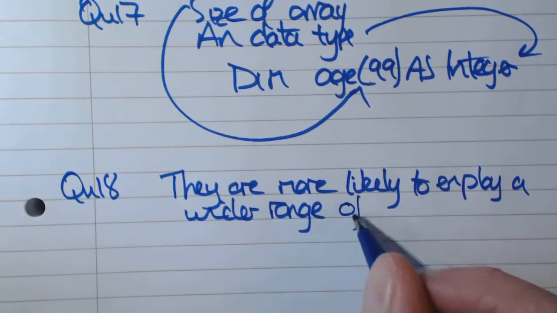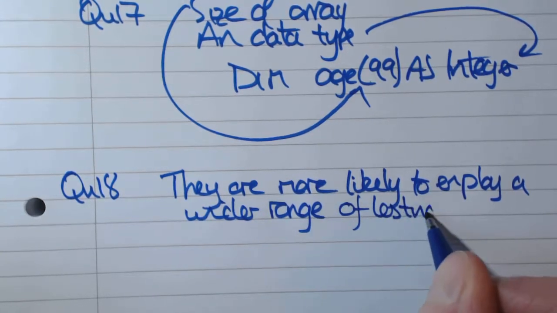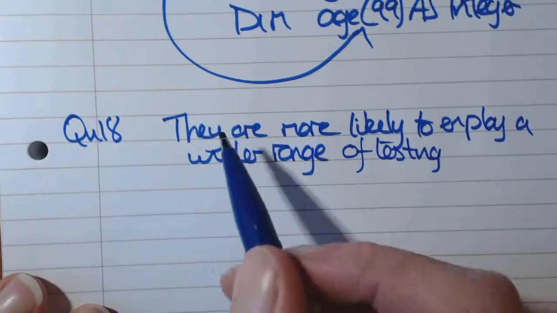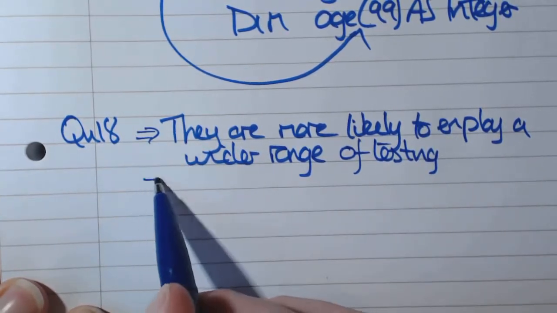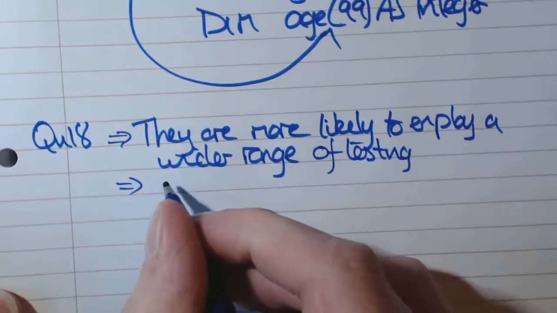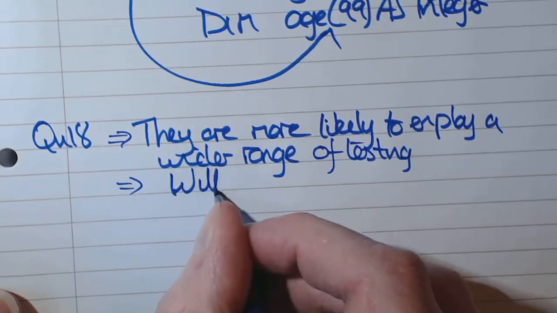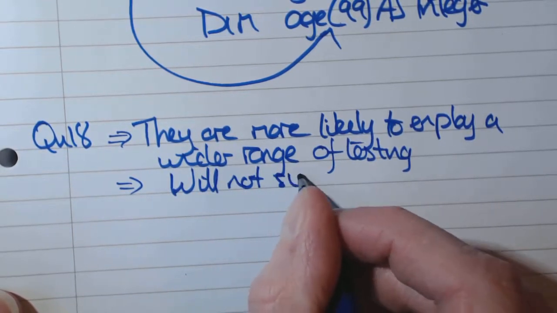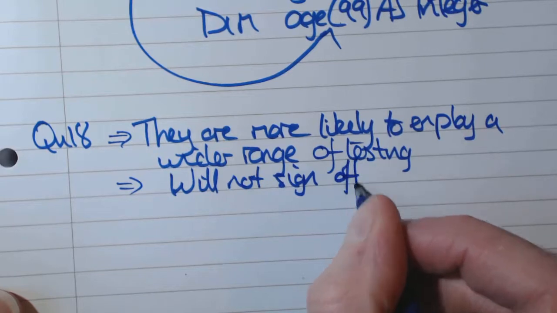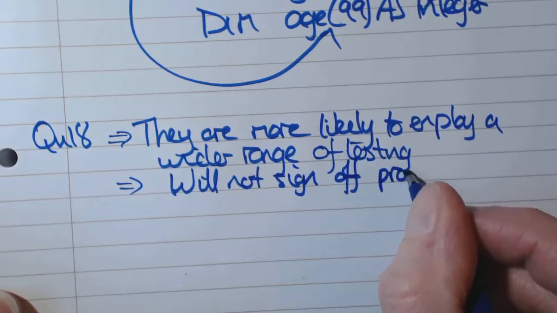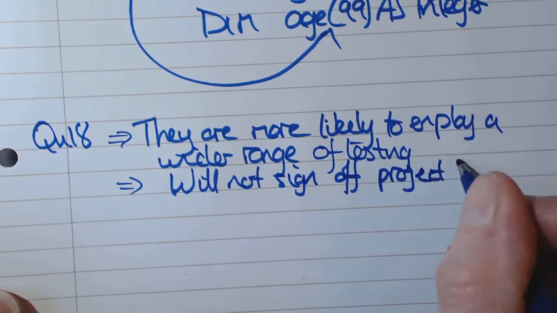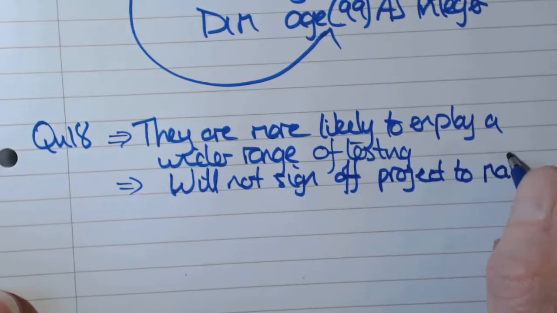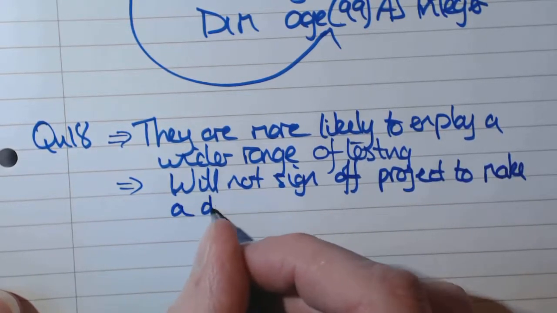Wider range of testing. Okay, they're not going to start signing off projects just to make sure they meet a deadline. So we will not sign off a project to make a deadline.